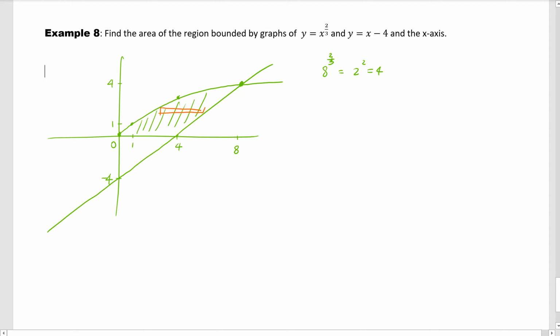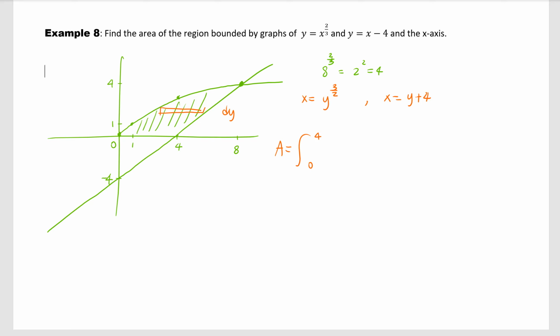So let's cut it horizontally. Then we have dy. So solve for x in terms of y. So here x equals y to the 3/2. This one, x equals y plus 4. Then the area is, my y goes from 0 to 4.